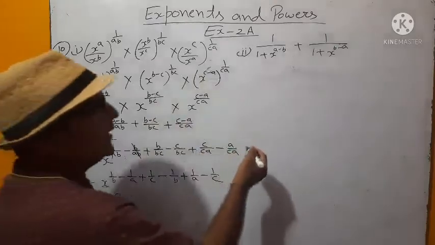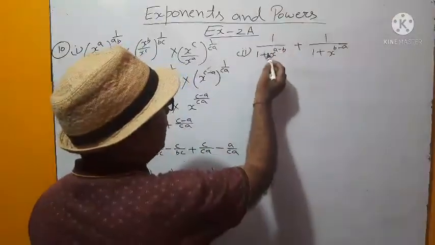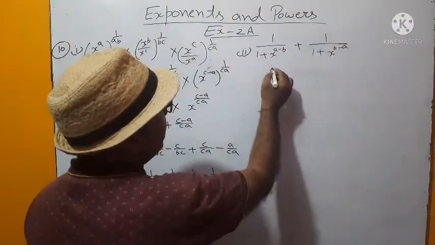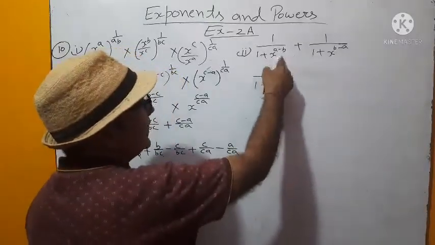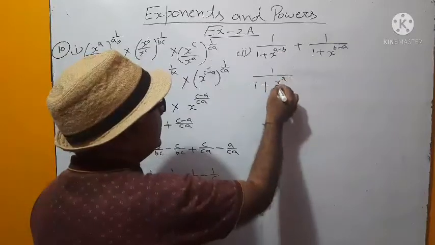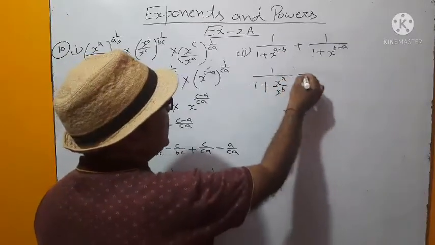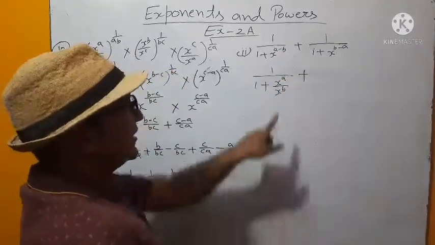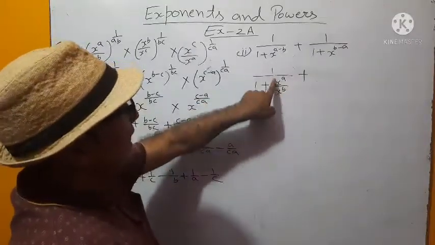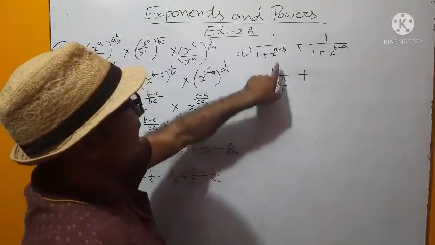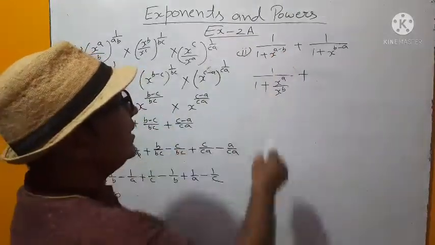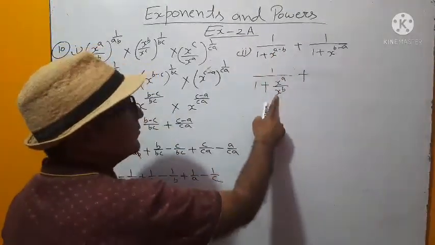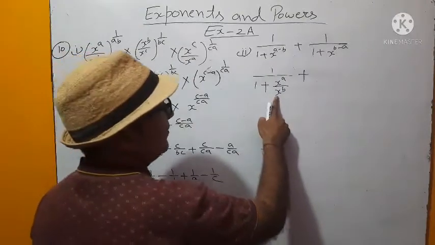So value of this term is 1. Now see in the second, 1 upon 1 plus x power a minus b. Children, x power a minus b can be written as x power a upon x power b. This is the exponent law. X power a upon x power b can be written as x power a minus b, so reverse is also possible. X power a minus b can be written as x power a upon x power b.